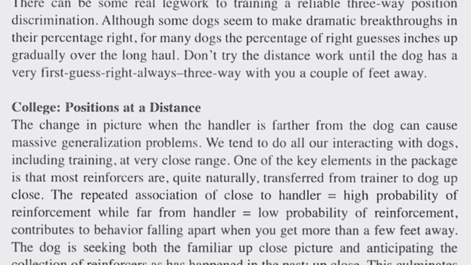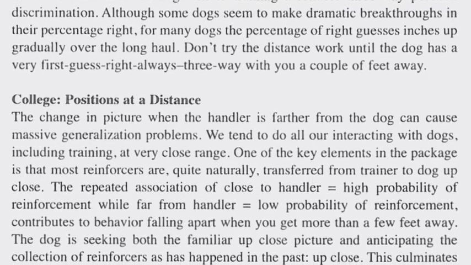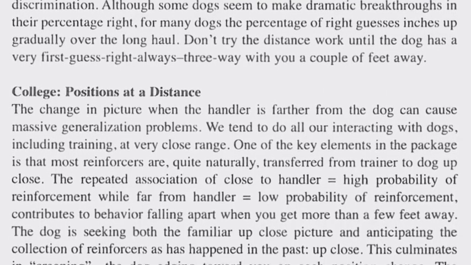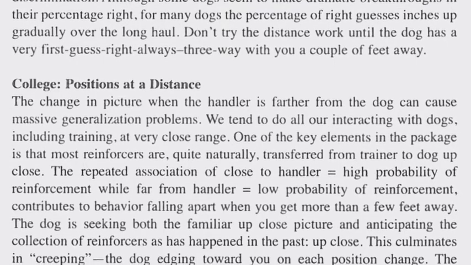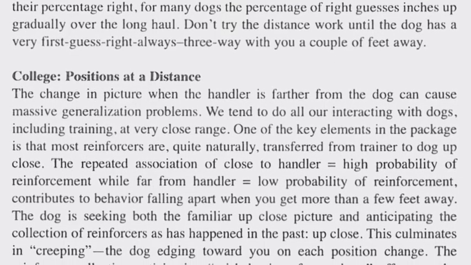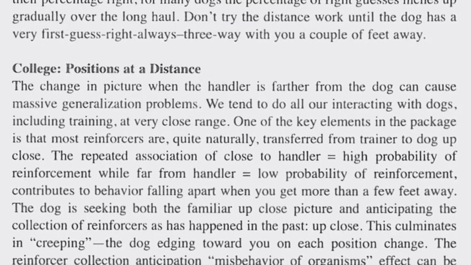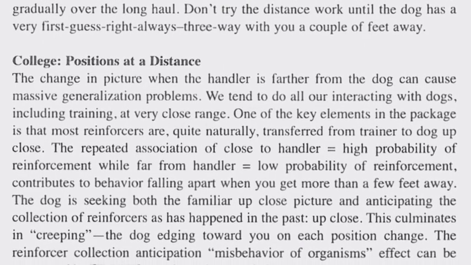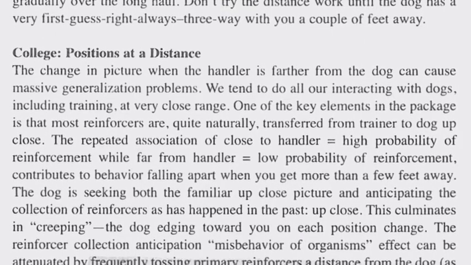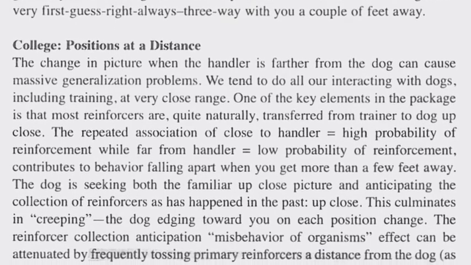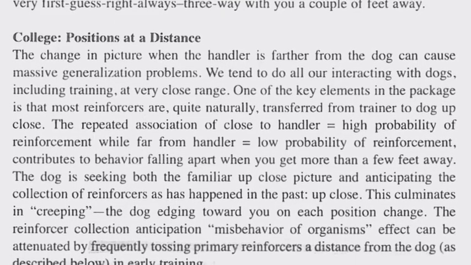One of the key elements in the package is that most reinforcers are, quite naturally, transferred from trainer to dog up close. The repeated association of close to handler equals high probability of reinforcement, while far from handler equals low probability of reinforcement, contributes to behavior falling apart when you get more than a few feet away.